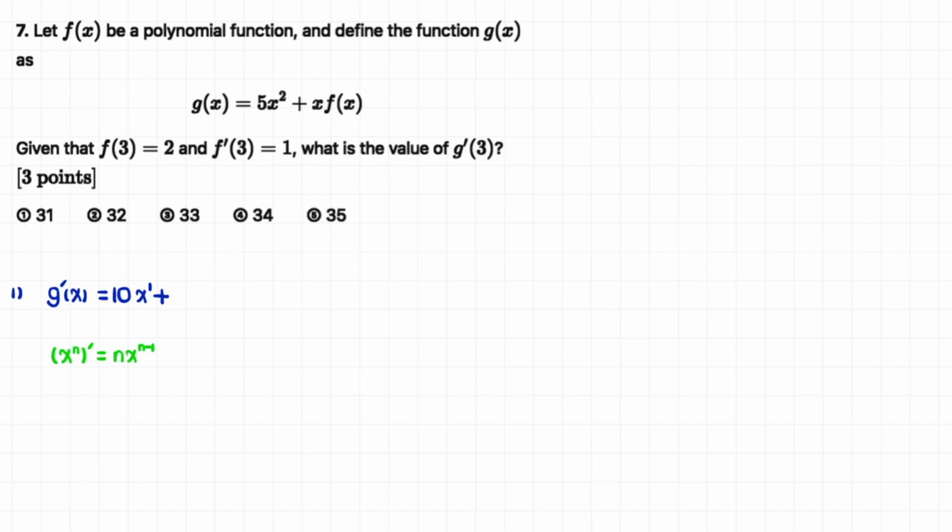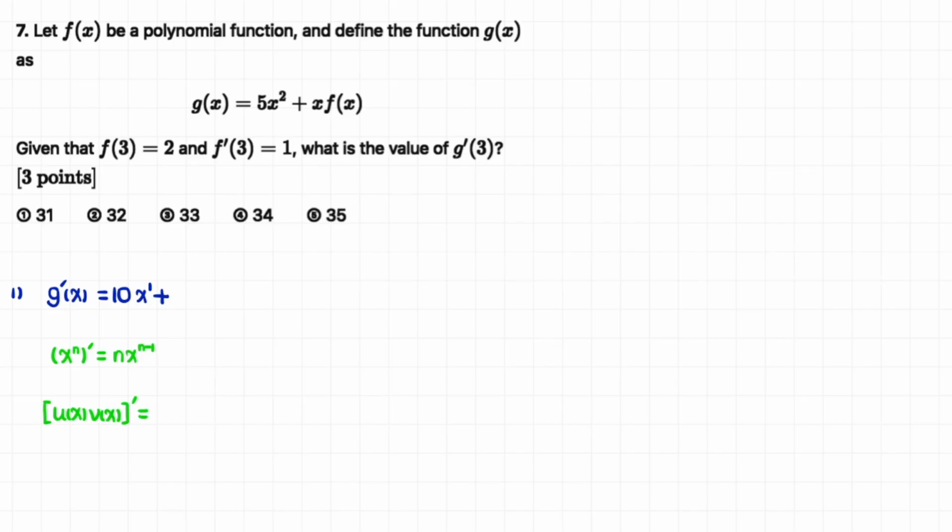Plus, now the second term. For the second term, x times f of x, this is a product of two functions, so we are going to use the product rule. Let's do a quick review. Say there is u of x times v of x.